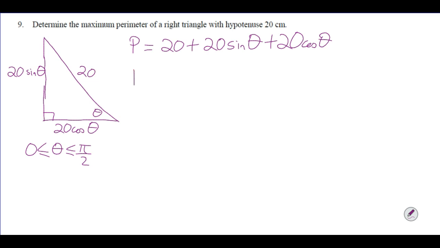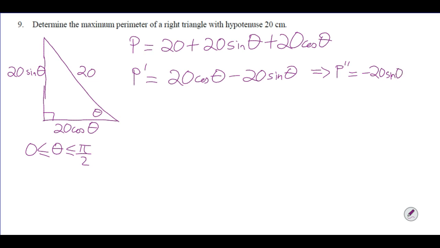Okay, so P prime. What do we get there? 20 cos theta minus 20 sine theta. Okay, so, can we do P double prime? Say yes. Yeah. So P double prime will be minus 20 sine theta minus 20 cos theta.